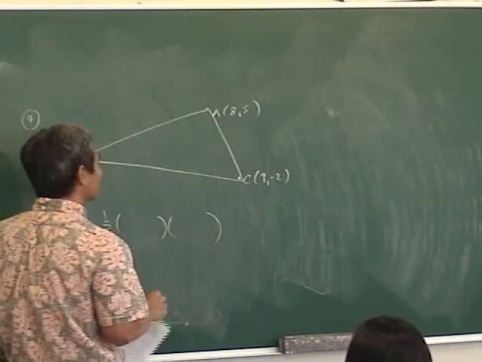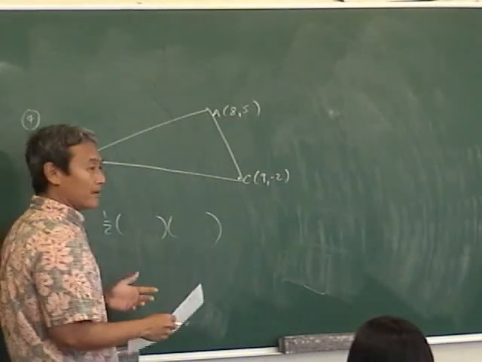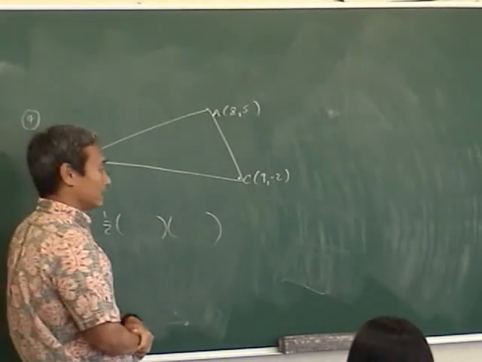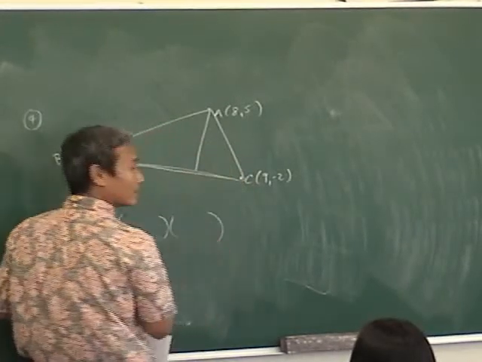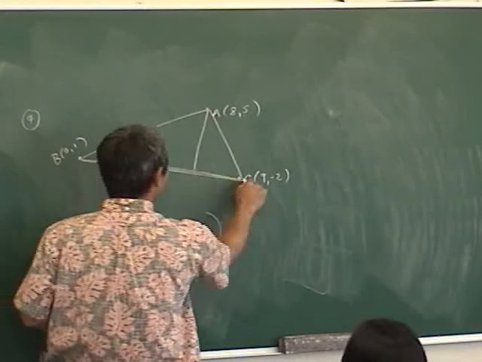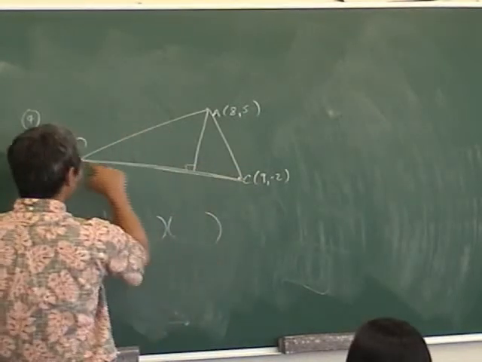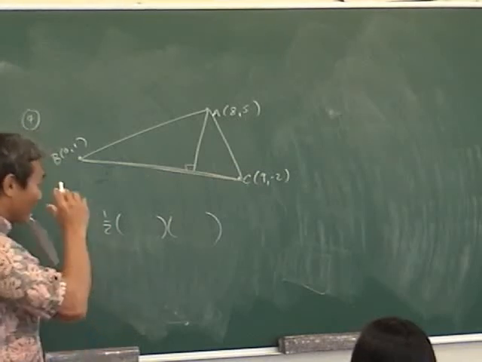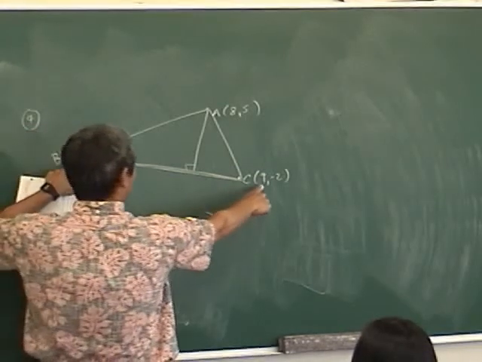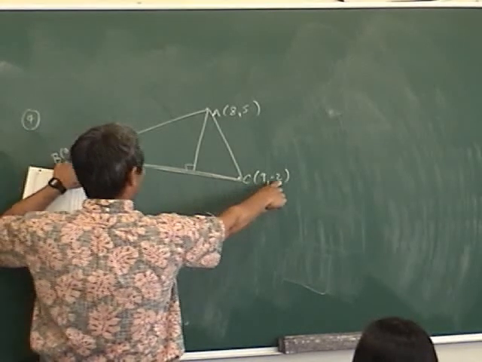Now which of the three sides do you want to call the base, first of all? Doesn't matter. If this is the base, then wouldn't this be the height? Now, how do I find the length of the base here? If you know the two coordinates, let's use the distance formula. What's the difference of the x's? What's the difference of the y's?